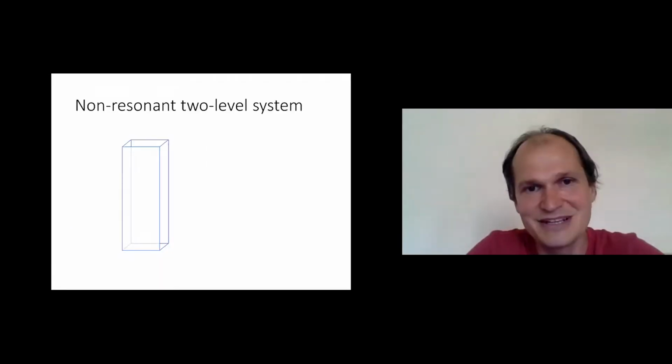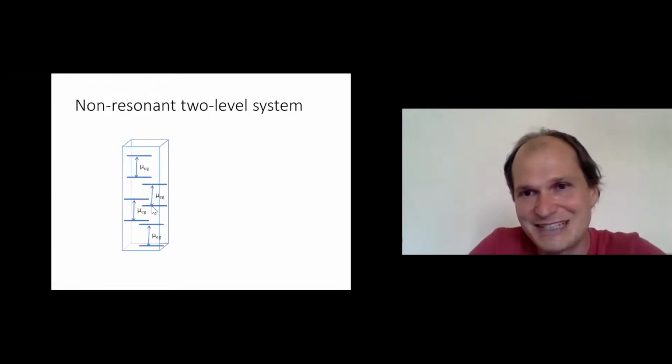So here is a hypothetical experiment. Here is a cell. You fill it with two-level systems, just two electronic levels, with allowed transitions. It absorbs somewhere in the UV. Basically the closest physical system would be some inert gas like argon. So you fill your cell with argon.